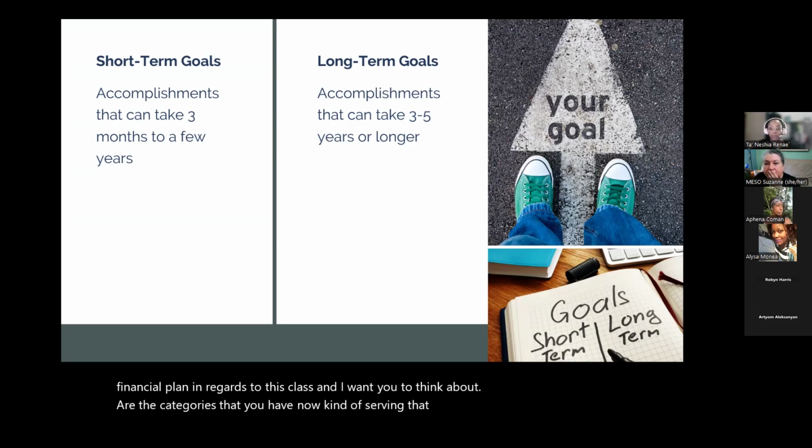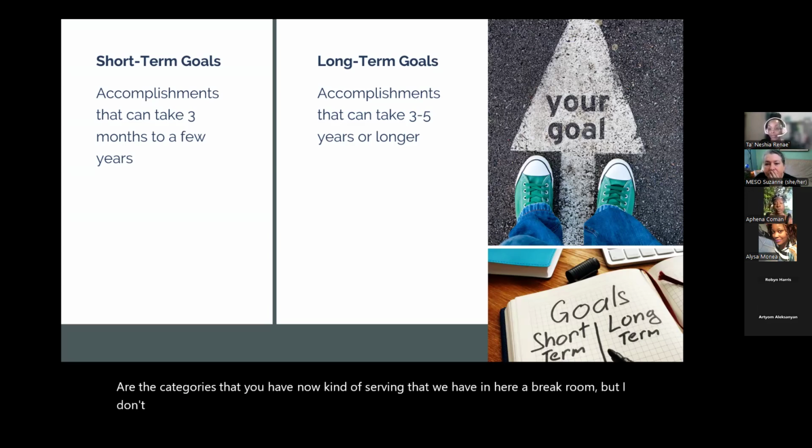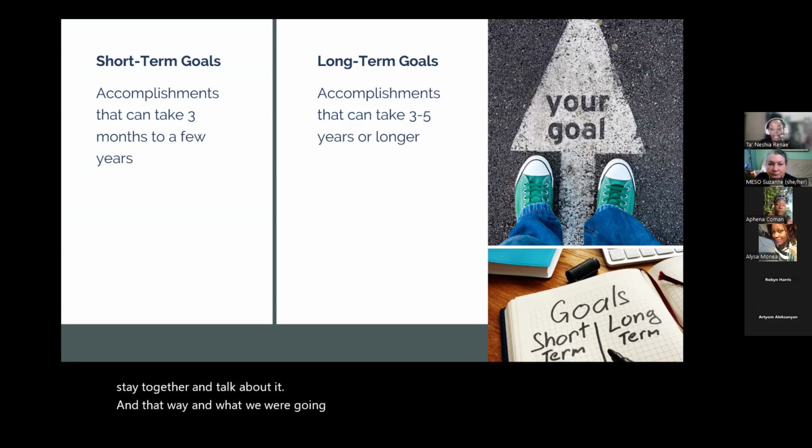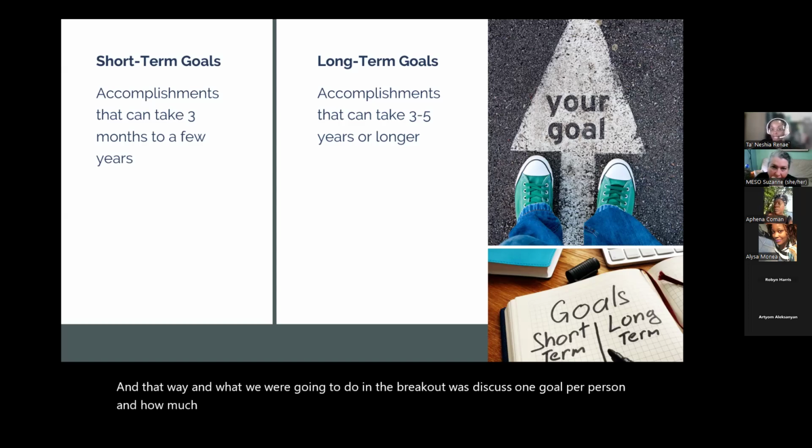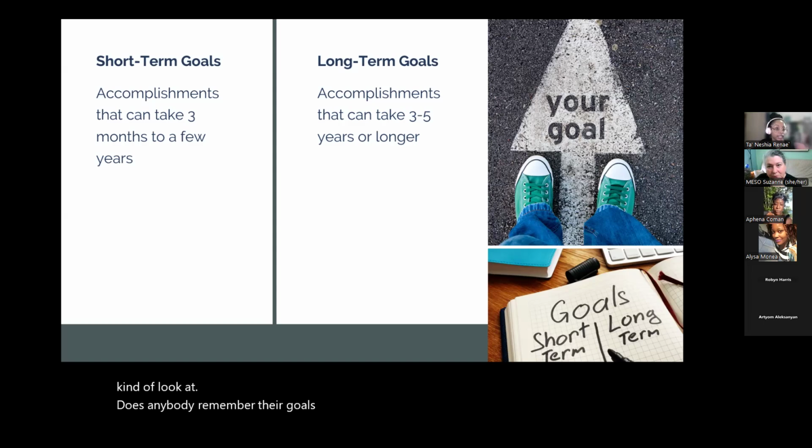We have a breakout room here, but I don't think our group is very big, so maybe we can just stay together and talk about it. In the breakout, we were going to discuss one goal per person, how much that goal will cost, how long it would take, and what it will look like. Does anybody remember their goals from the first week, a short-term and a long-term goal?